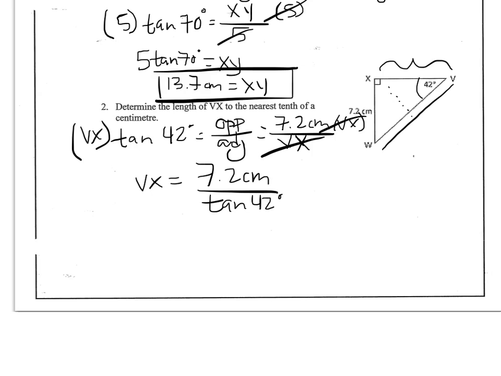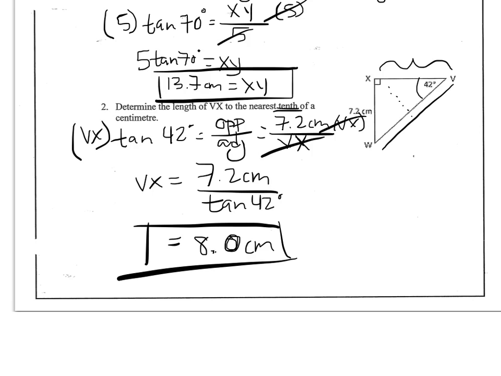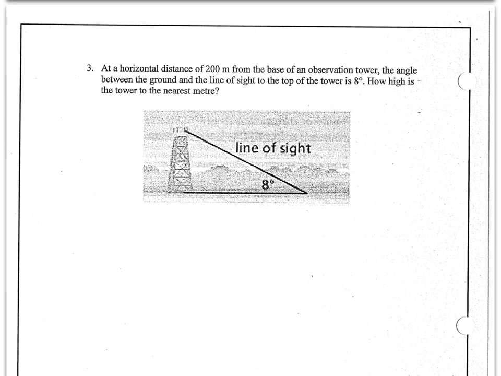Okay. When I plug this into my calculator, I end up with approximately 8.0, that's a 0, centimeters. Because it says a tenth of a centimeter here, I have to include this decimal 0 in my answer. But that is my final answer, so I'm going to put a box right around that.